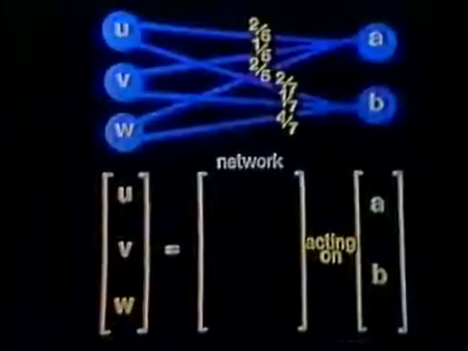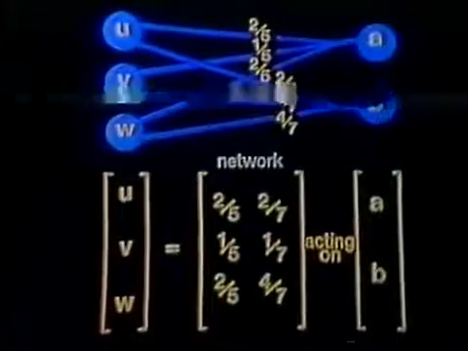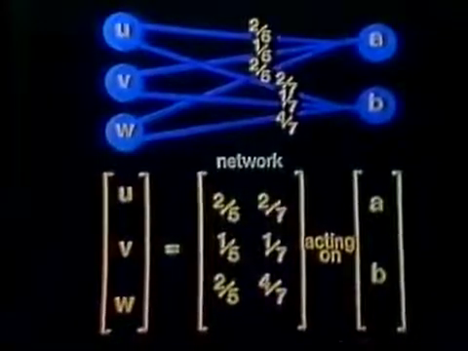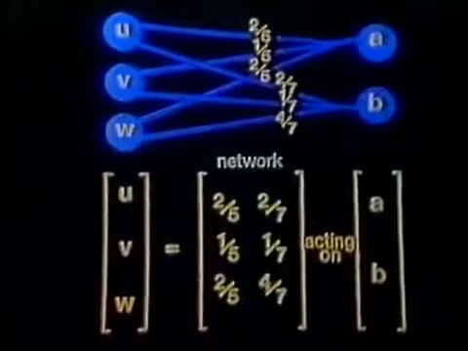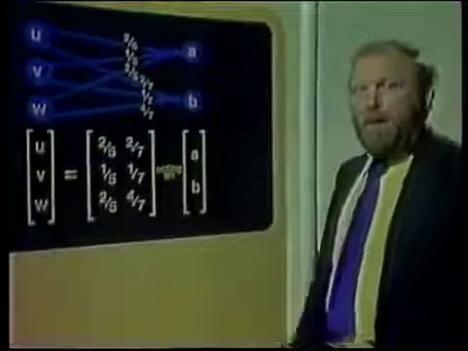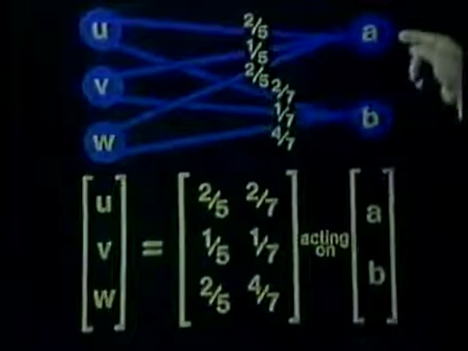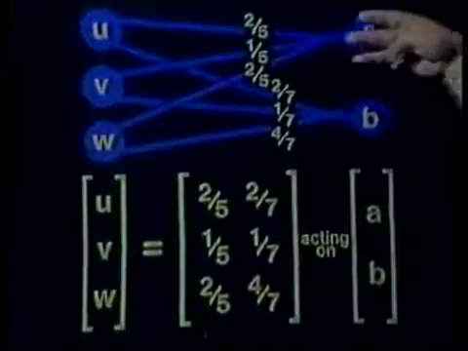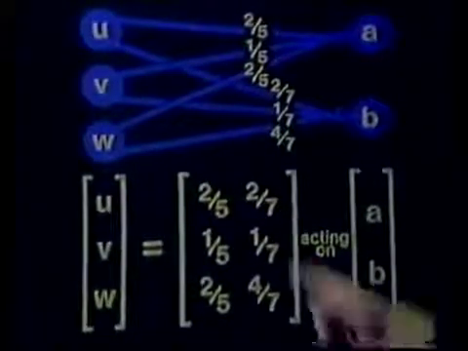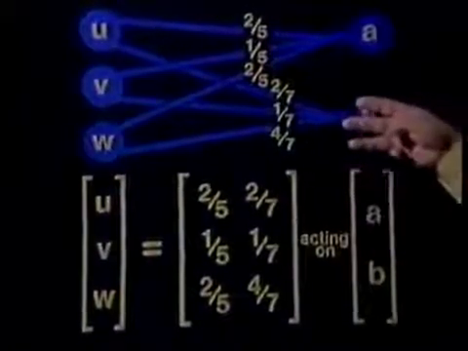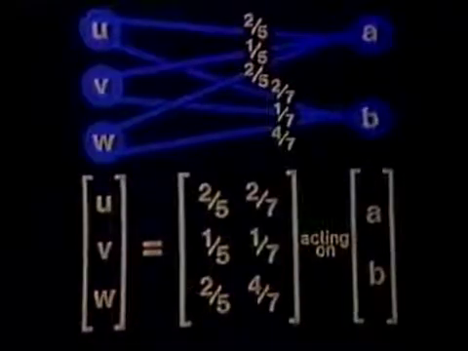In fact, we choose to arrange them in 2 columns. In other words, the first column are the proportions for the first input, A, the proportions into which A gets divided. And the second column gives the proportions into which the second input B gets divided.